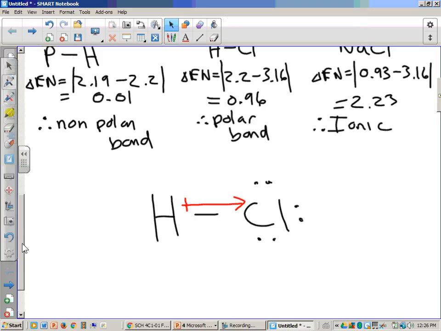That actually makes the chlorine side of the molecule a little more negative than the hydrogen side, because this pair of electrons that we thought existed right in the middle actually exists closer to the chlorine. That gives the chlorine a tiny bit of a negative charge. Now, it's not like a full-on charge. It's just a little bit of a charge. We have a special symbol for that. That symbol is a lowercase delta with a negative sign.